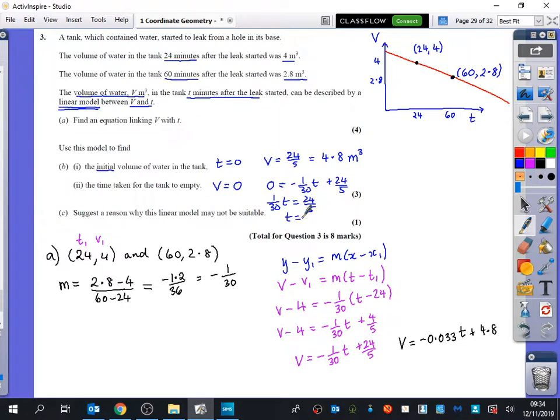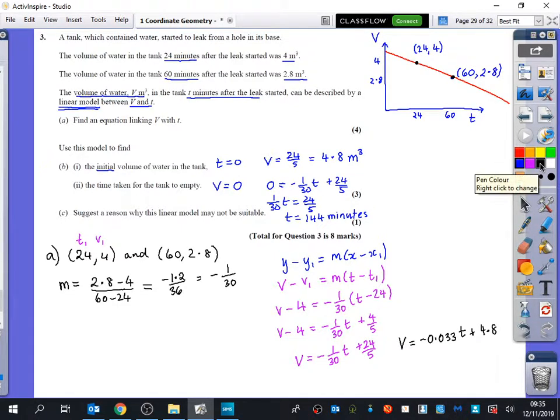So T is 24 over 5 multiplied by 30, which is 144 minutes. If it asks for that in hours, obviously you could convert that to hours by taking off 120 for 2 hours.